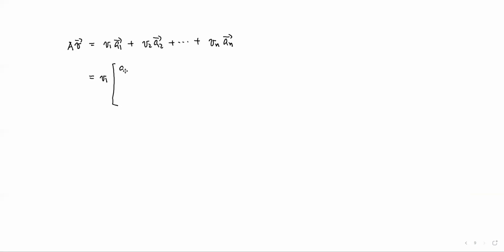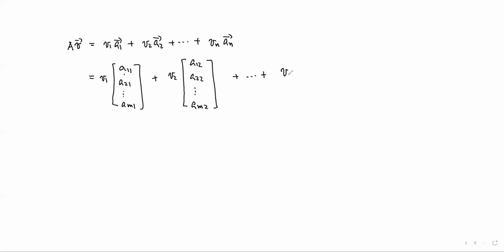So A1 is A11, A21, AM1, the first column of matrix A. Now A2, the second column of matrix A, is A12, A22, AM2, and so on.